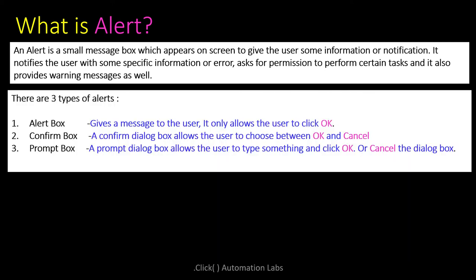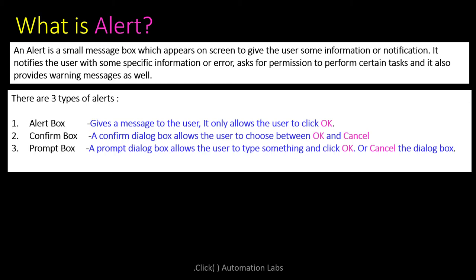Basically, alerts are of three types. The first one is the alert box. The alert box only gives the message, and it has only one button, just to click OK. You can only accept it and proceed, you don't have any other options. A confirm box will have two buttons, so you can either choose OK or cancel. Cancel means you will not proceed further.